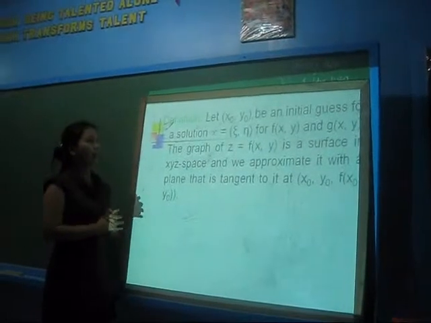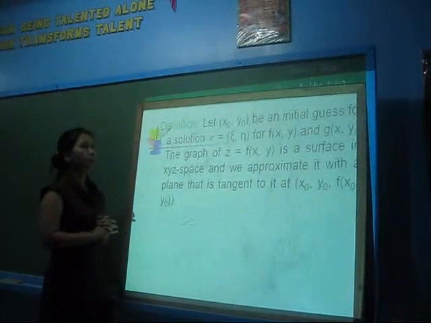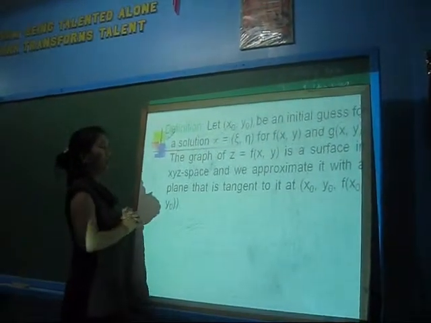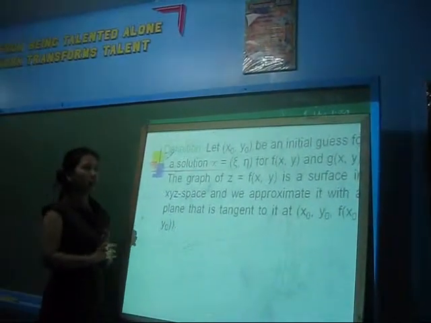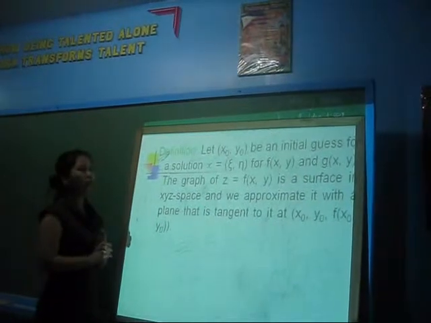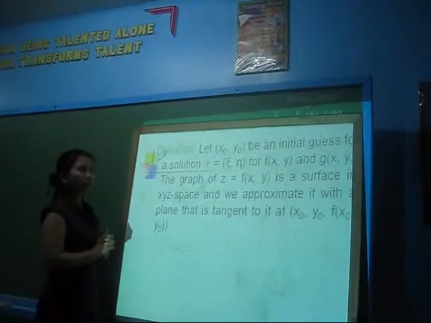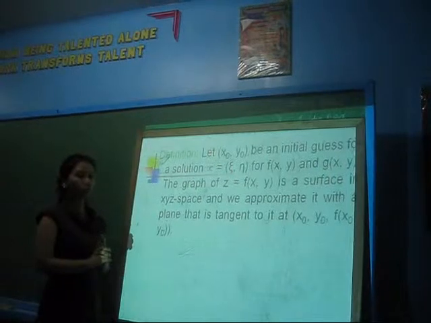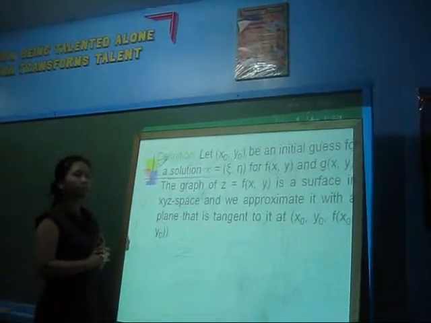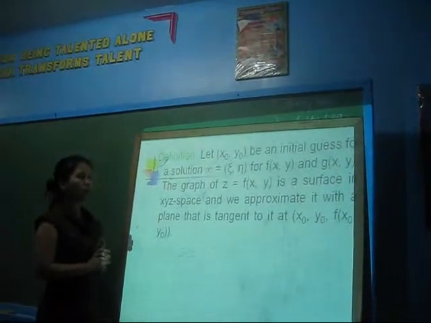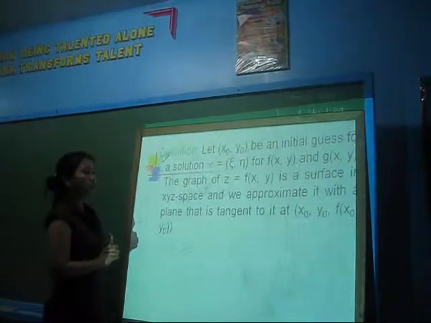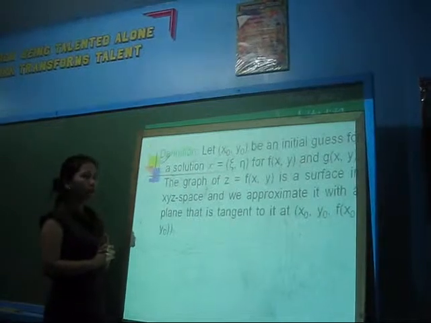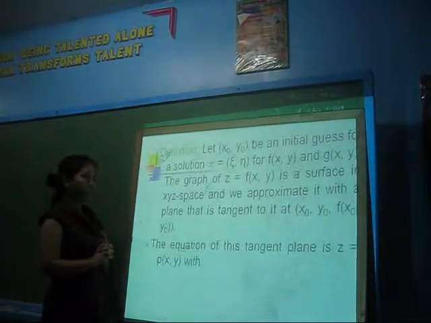To define, let x sub 0 and y sub 0 be an initial guess for a solution. Alpha is equal to c and eta for f of x and y and g of x and y. The graph of z is equal to f of x and y is a surface in xyz space, and we approximate it with a plane that is tangent to it at x sub 0, y sub 0, f of x sub 0, y sub 0.